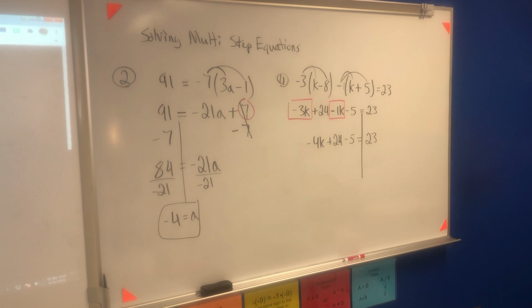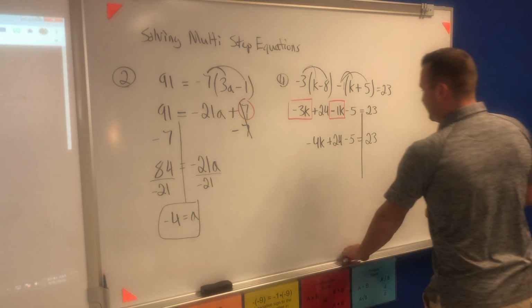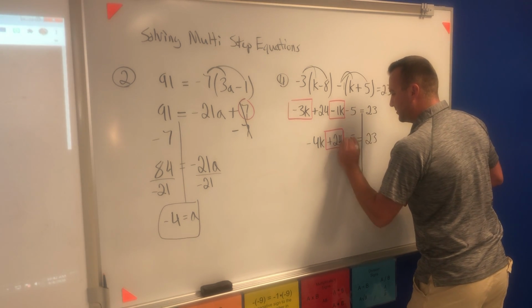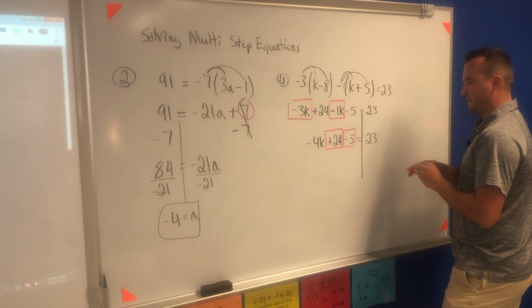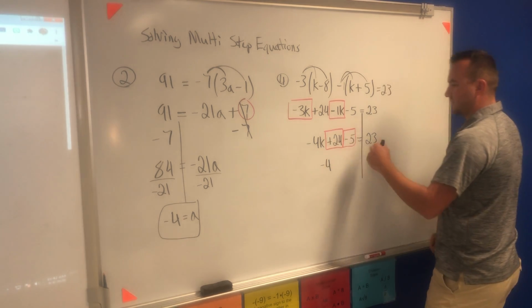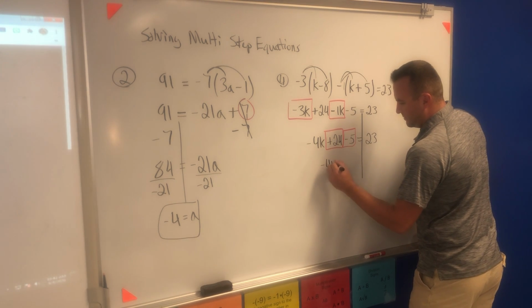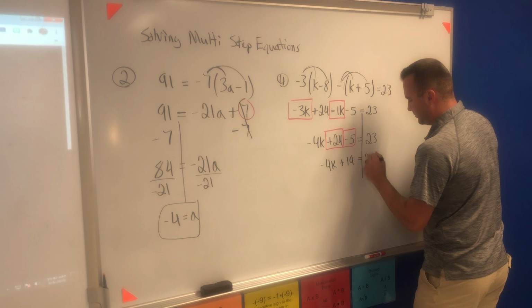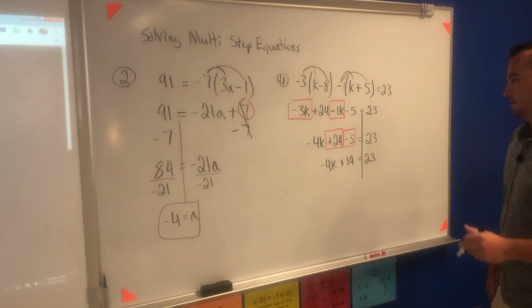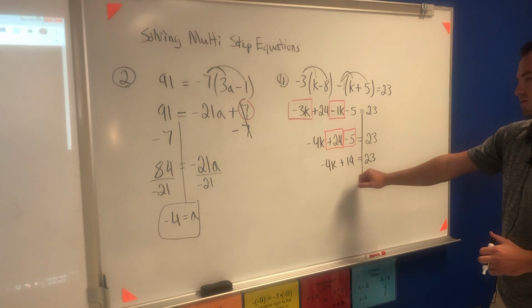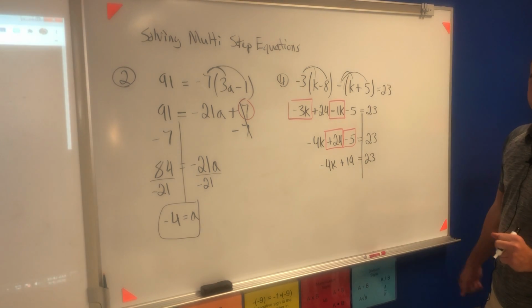Okay. Still on that left-hand side, do I have another set of like terms? Yeah. Positive 24, negative 5. Combine those, negative 4k, 24 minus 5 is 19. Okay, left-hand side, don't have any more like terms. The right-hand side, I don't have any like terms.